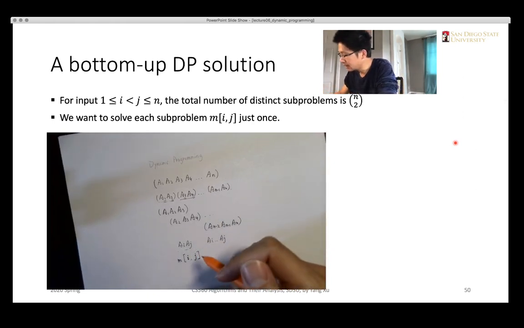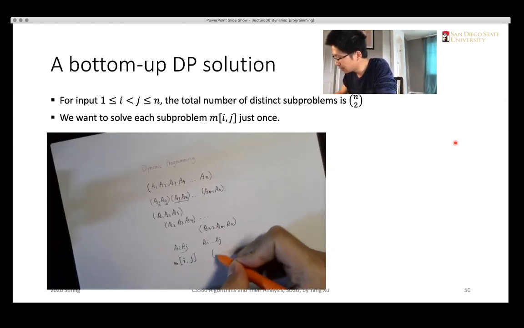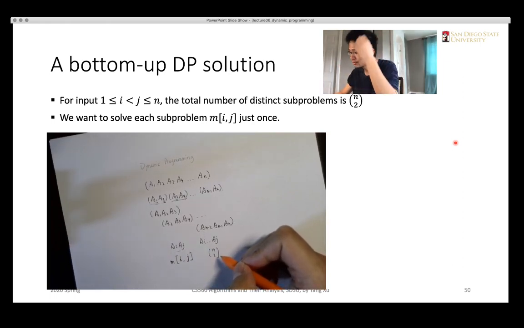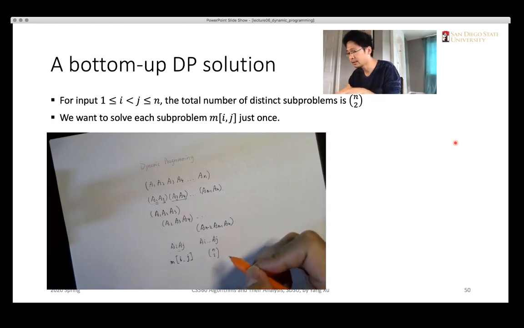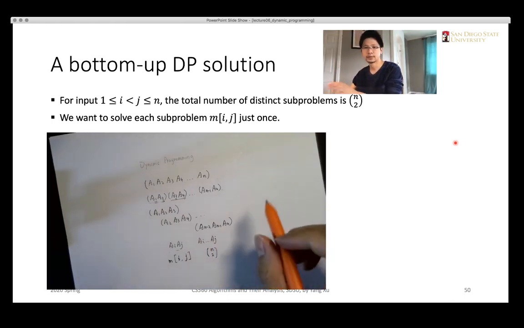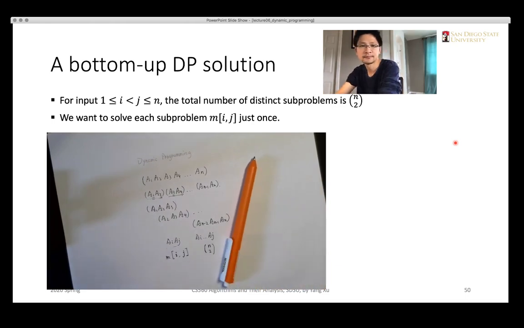And the quantity n choose 2 comes from a simple fact: in order to choose two different numbers from n numbers, it is the combination of choosing 2 from n.